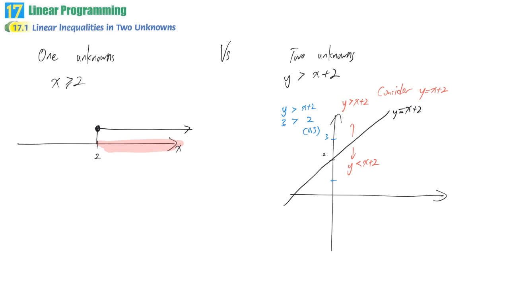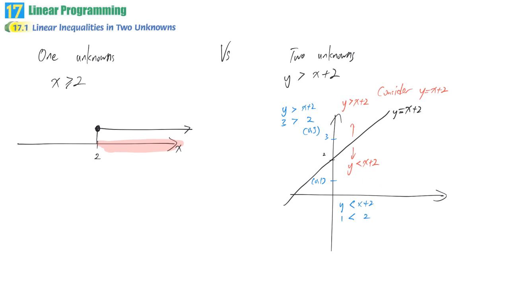Again, if we choose 0, 1 to test the situation, y equal to 1, and x plus 2 means 0 plus 2. So we are comparing y and 2 here. Then we find that the right hand side is larger than the left hand side. So that's how you identify the region, whether it is larger than or smaller than.